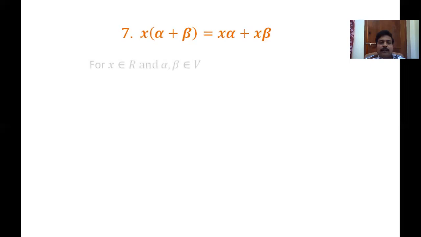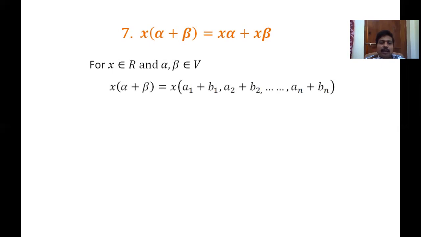So here x is a real number and alpha, beta belong to our set Rn, that is V. x times (alpha plus beta) is equal to x times alpha plus beta. We have already seen this vector in previous exams.